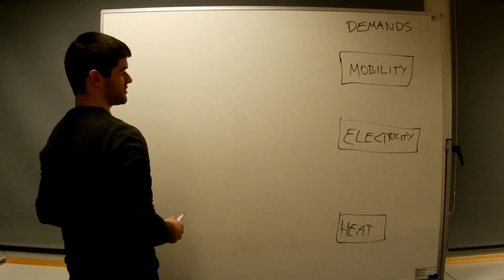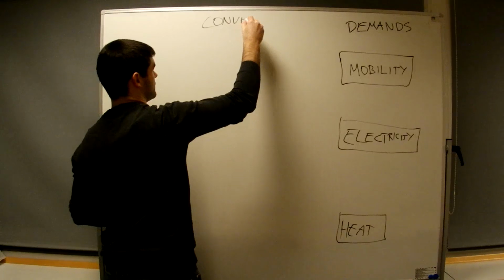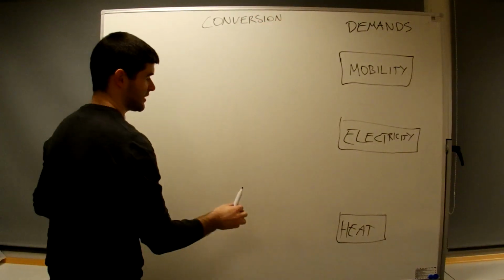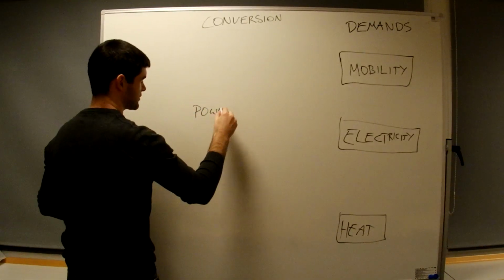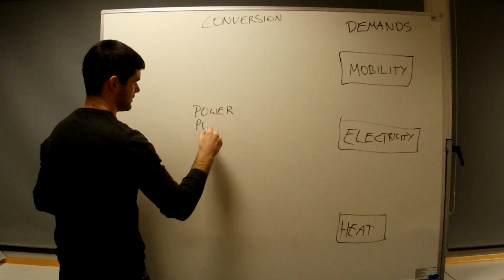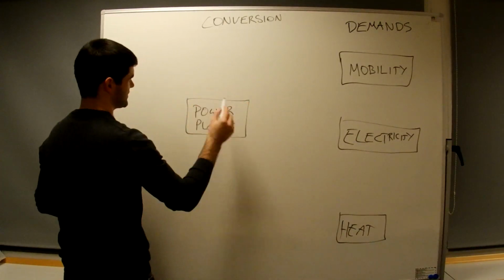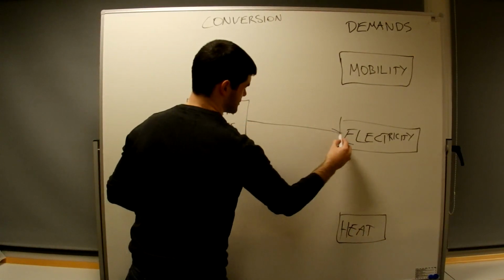In order to meet those different types of demands, we have different conversion technologies. And those conversion technologies, for example, for electricity, the most common one for electricity are power plants. And power plants basically convert some form of fuel into electricity.